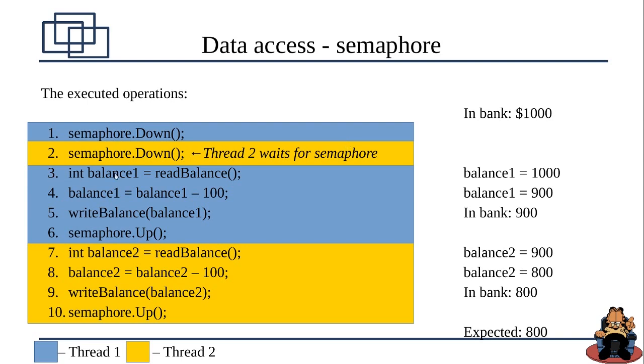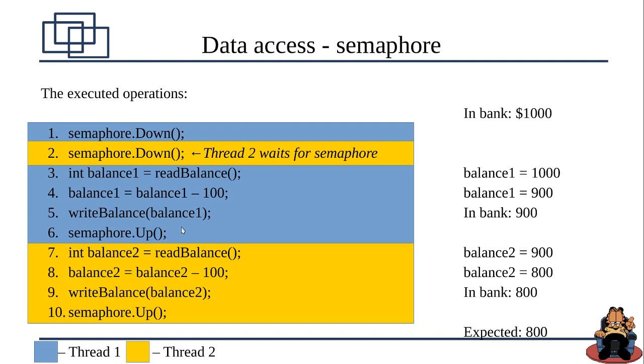Okay, now thread 1 reads the bank account, subtracts 100, and writes back the value to the bank. So we have 1000, 900 after subtraction, 900 in bank.